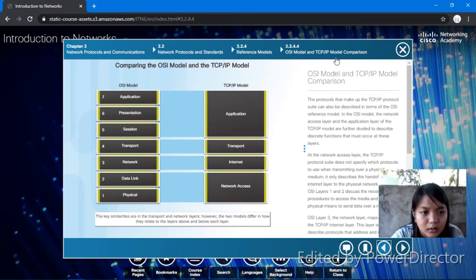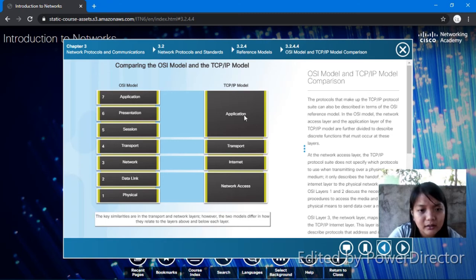So it says here that their similarities are the application, the transport, and the network layer.